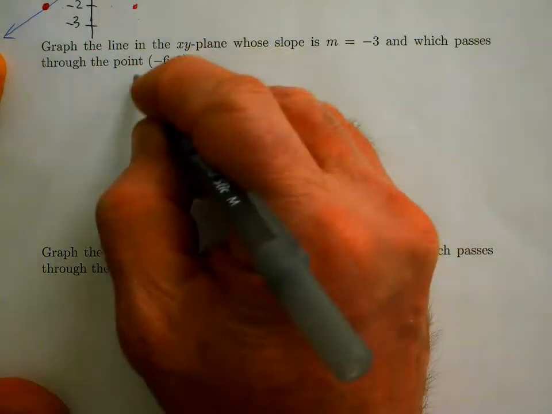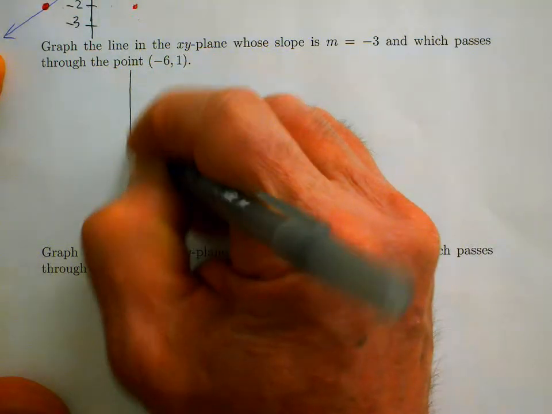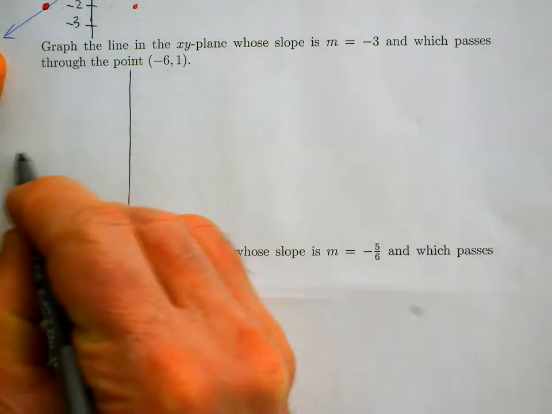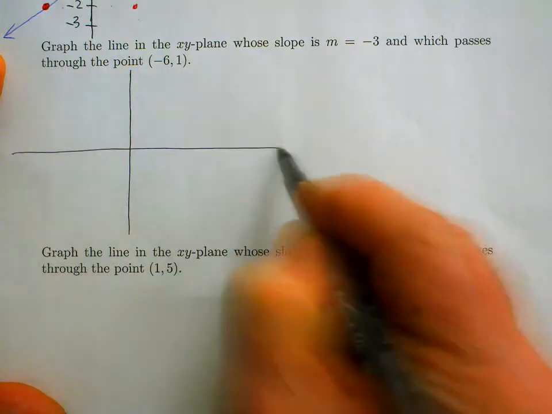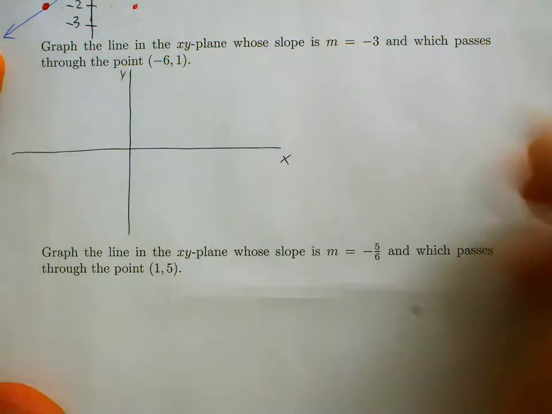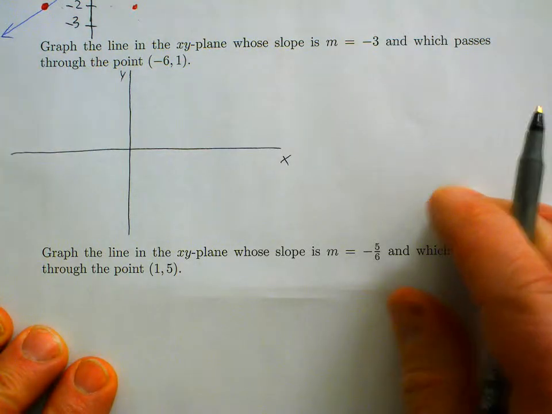Okay, so let's draw the XY plane. So the point -6, 1.